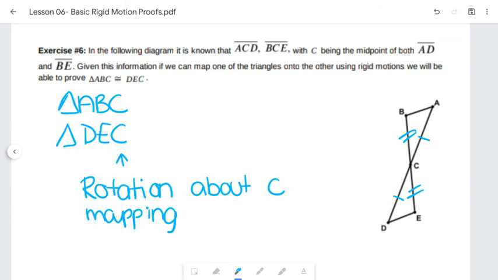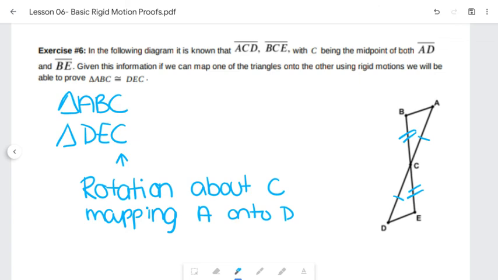I just picked one of my other points. I'm going to say mapping A onto D. You could have also said B onto E. You could have done D onto A or E onto B, excuse me. Any way would work in this case because there was no specific instruction of which way to go. But we want to make sure we're clear about that mapping.